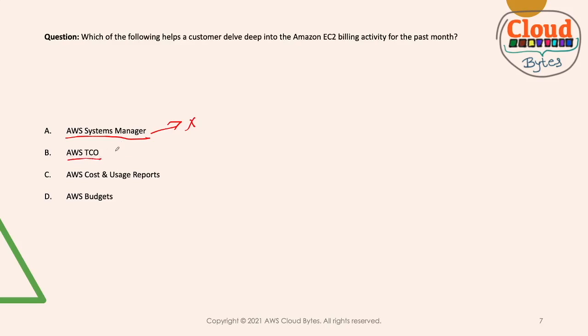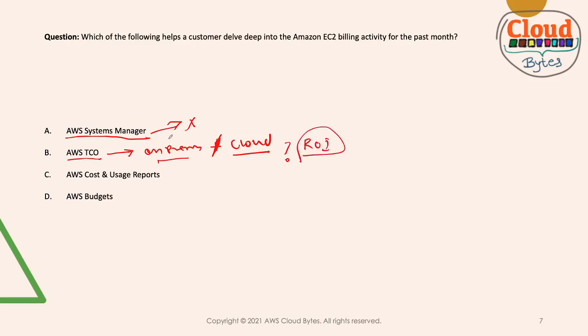TCO, so the AWS TCO service is basically total cost of ownership. It's a calculator. It tells you if you run the same service on-prem or in cloud, which one will have better ROI?